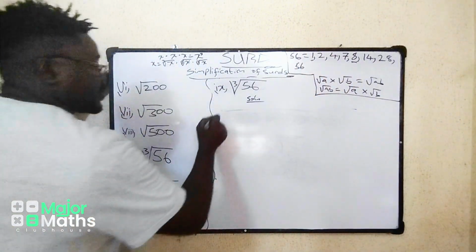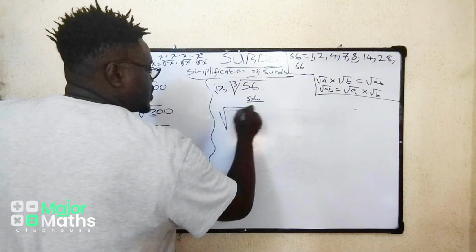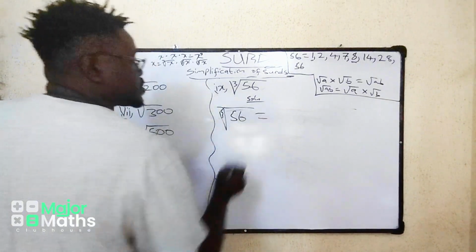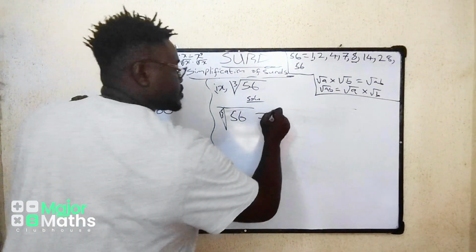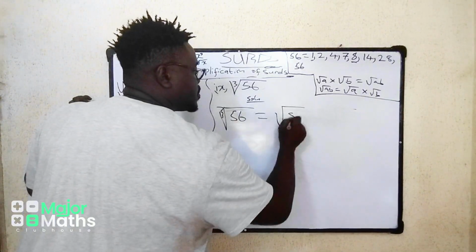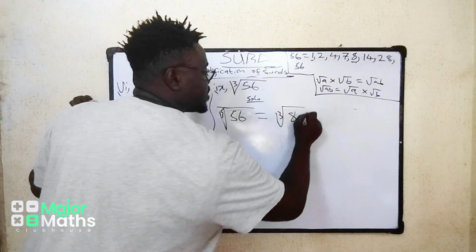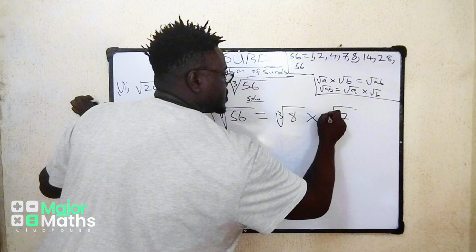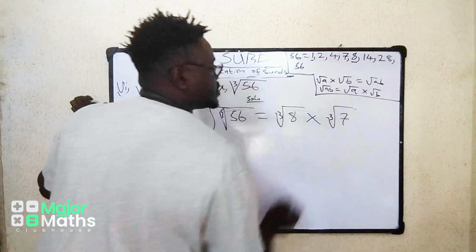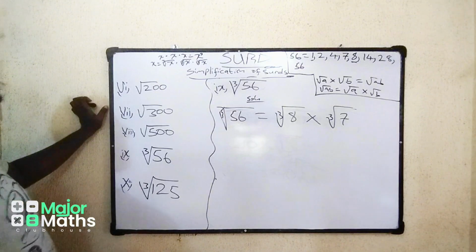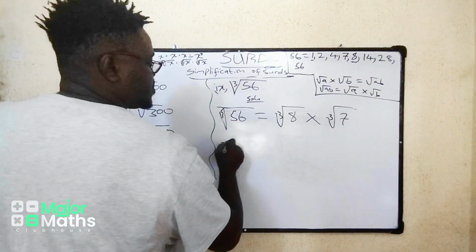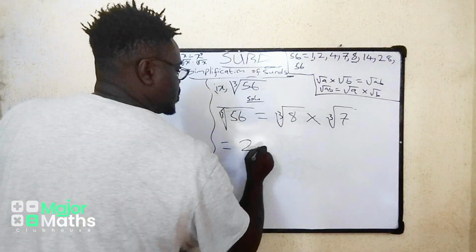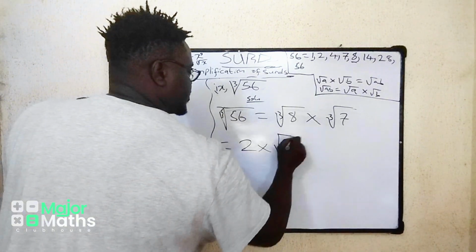So in our solution we have cube root 56 is equal to cube root 8 times cube root 7. Which gives you what? Cube root 8 is 2, times cube root 7.